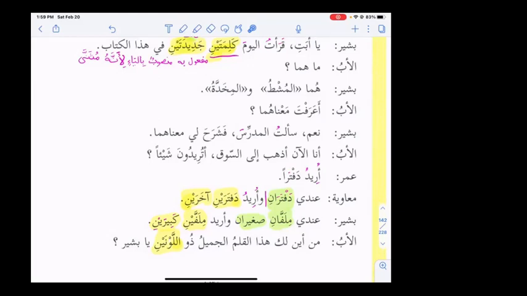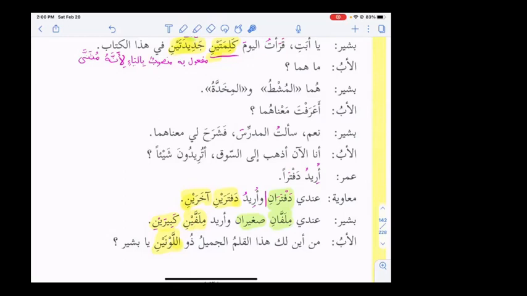Wa uridu, and I need milafaini, 2 files. Kabiraini. Big ones. So here milafaini, we need mafulun bihi. So this is mansub, mafulun bihi. And what is the sign of its mansub? Ya. Okay, why?